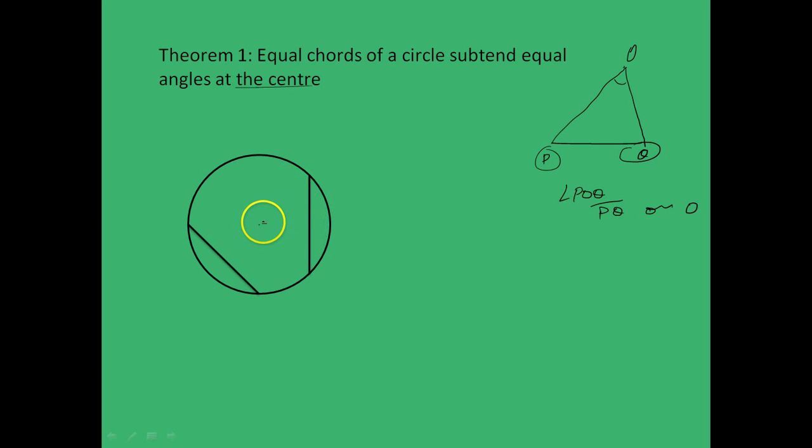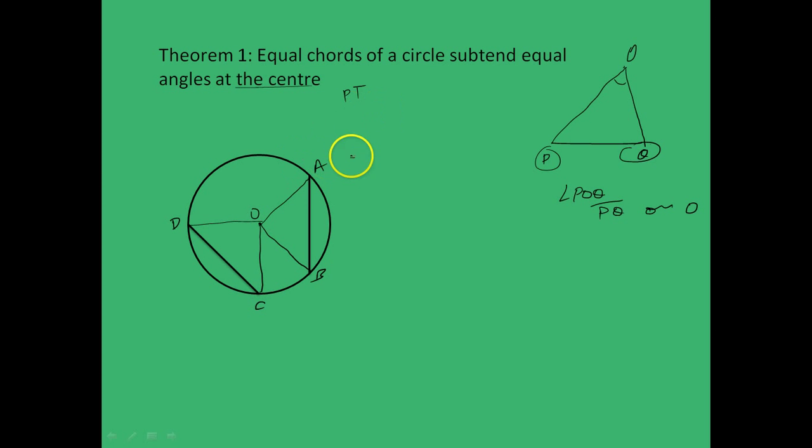And so if this is the center, we need to prove that this is point O. Let's join this and name this A, B, and let's just call it C, D. And we'll join this also. Okay.